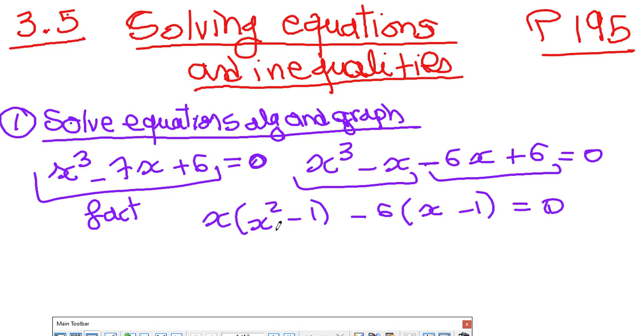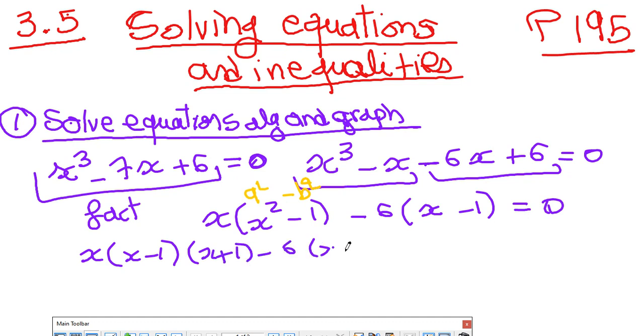And now x squared minus 1, I can also factorize it. It's an identity. This is a squared minus b squared. How do we factorize a squared minus b squared? It's a minus b, a plus b. So I will have here x factor of x minus 1, x plus 1, minus 6, x minus 1. And now I can easily see a visible common factor between the first term and the second term.